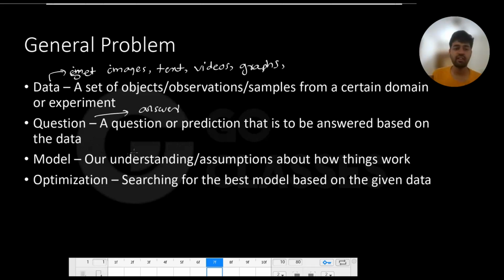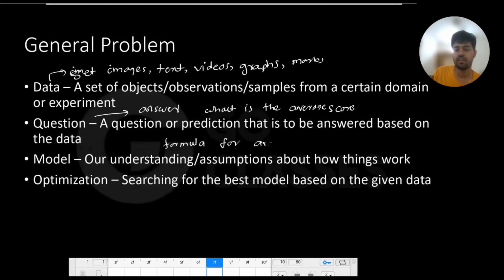So it can be marks, and our question is, what is the average score? And then there is a model, which is basically a formula for average, and then you use this formula and this data to compute the answer.